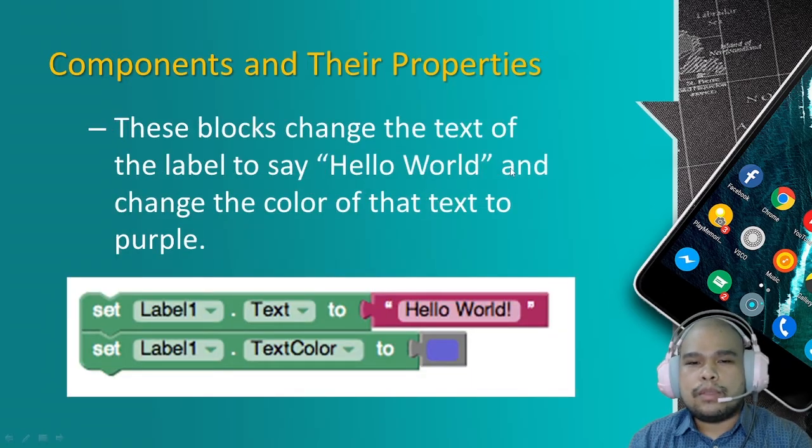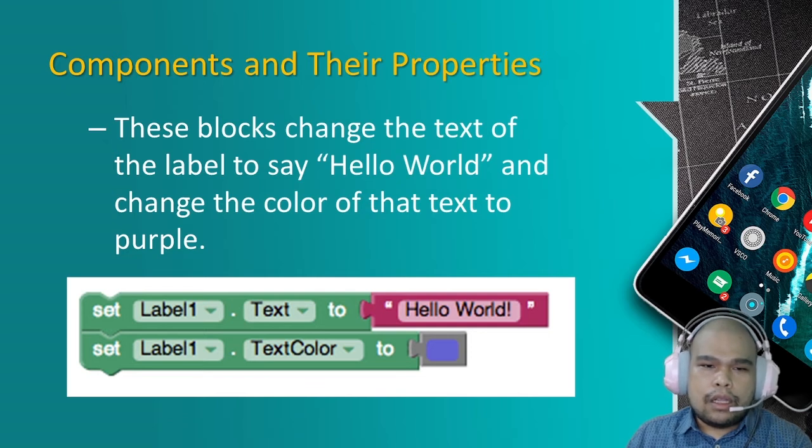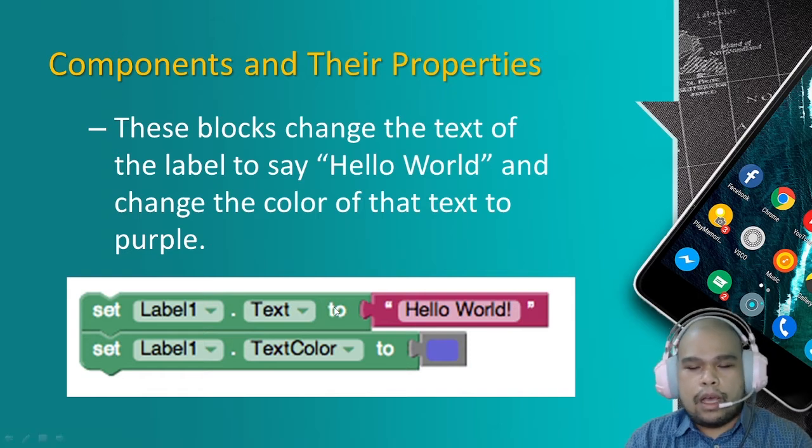Next, these blocks change the text of the label to say hello world and change the color of the text to purple. This is a way we can modify our components using blocks.